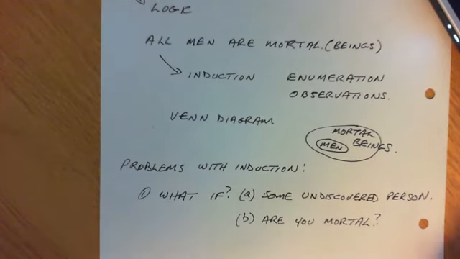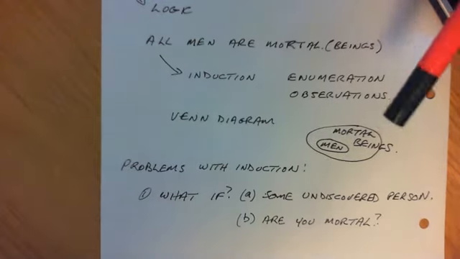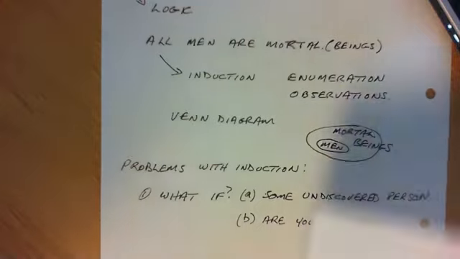Before you die, there could be something strange about you that defies everything we know about medicine and the human condition, and perhaps you're going to live forever. We only know you're mortal when you're dead. So that's pretty strange. Let's get another piece of paper and continue this one.